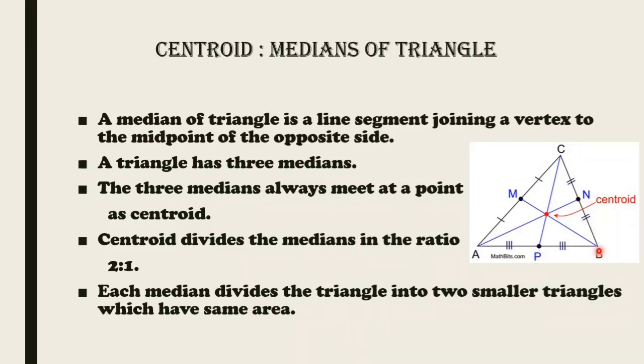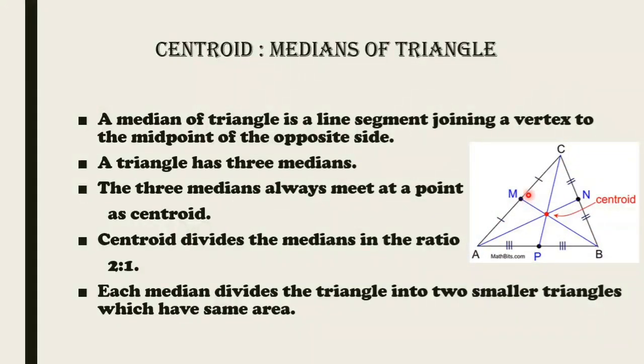Similarly, side BC has median AN, which divides this triangle ABC into two smaller triangles, that is ABN and ACN. Similarly, AC has a median BM.